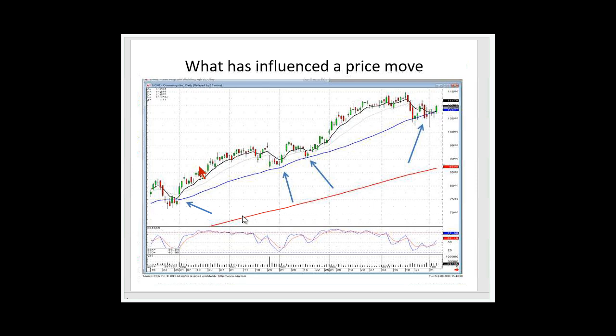Conversely, if every time they hit the 50 they trade up, pull back, hit the 50, trade up, we can assume the 50 is a support level. So there's nothing difficult about this. What we have as far as our visual advantage is when we come back to this level, we can see what type of signals occur down here to tell us they are buying. Gives us a little bit of a head start above everybody else.